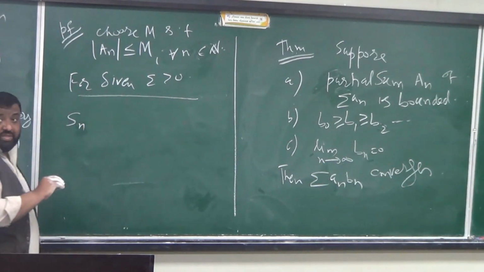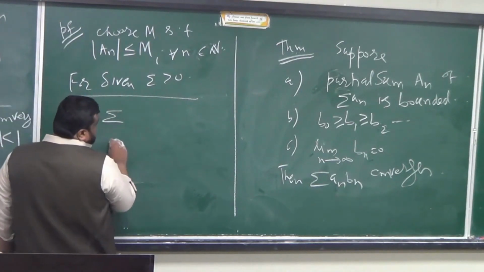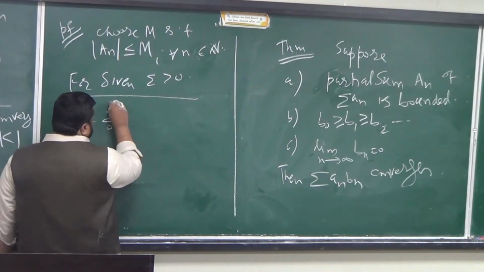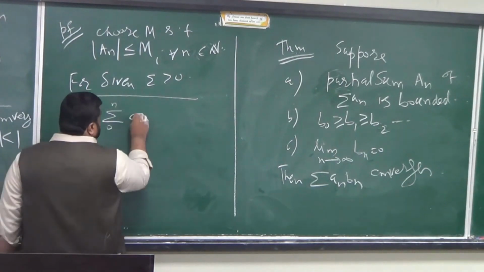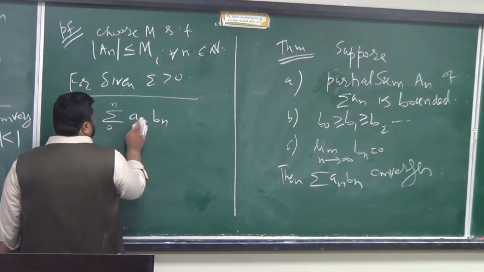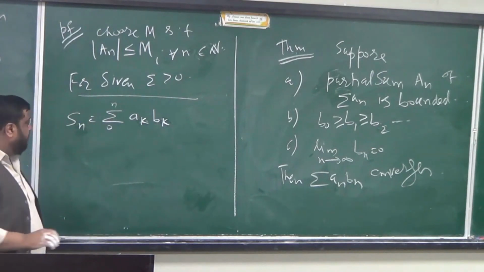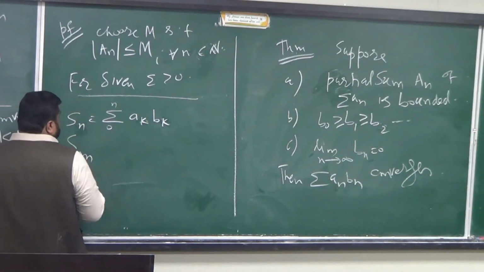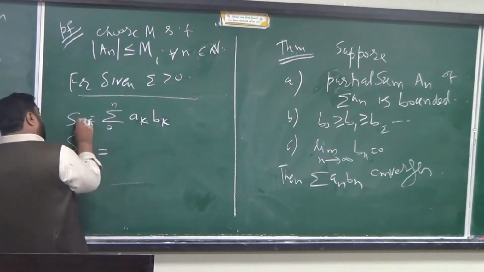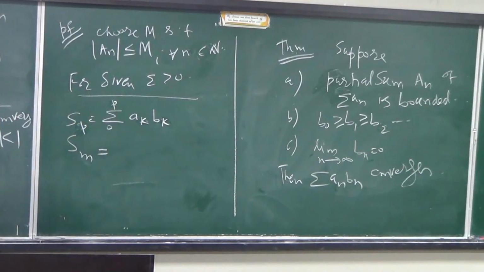In other words, if I take, for example, S_n for this sequence, it's going to be the sum from 0 to n of a_k b_k. And instead of S_n, I'm taking S_p and S_q because we have used p's and q's there.